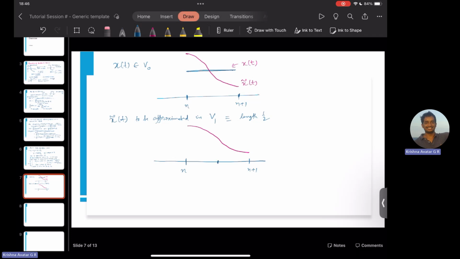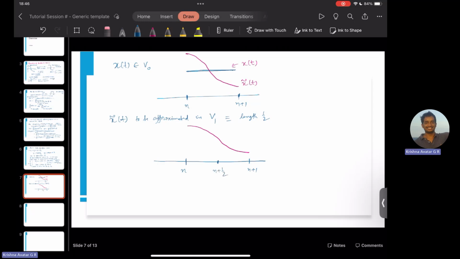So we need to have one more tick mark in this interval n to n plus 1. So let's call it n plus half.